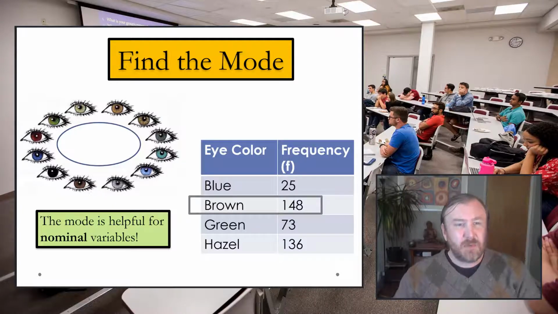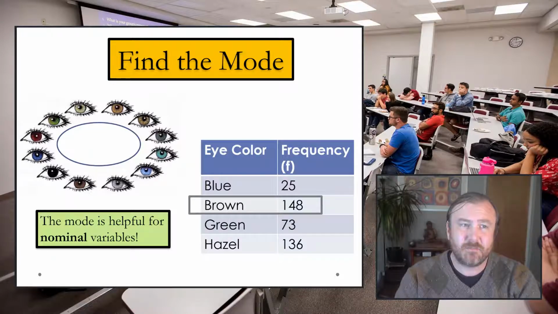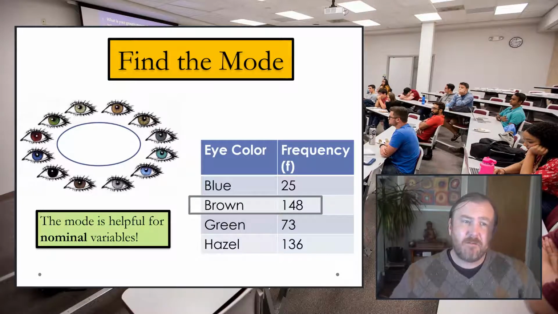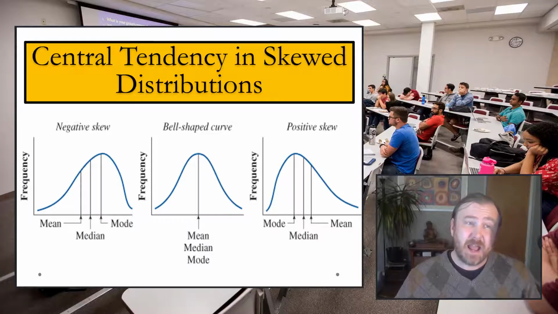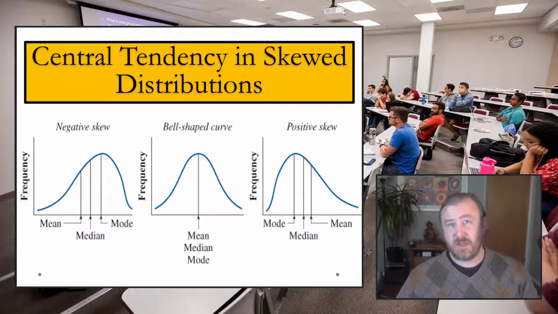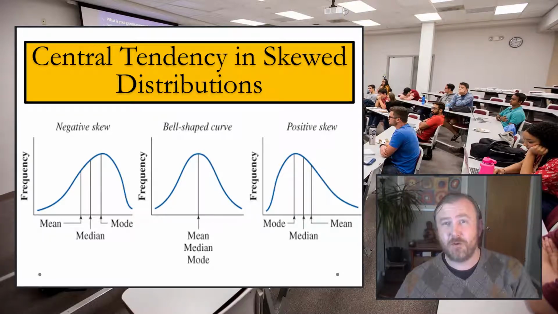Okay, so here we go again with this property of how the mean, median, and mode are related and how we can leverage their values to determine the underlying shape of a distribution. So for a negative skew, you're going to have the mean as the lowest, then the median, then the mode.